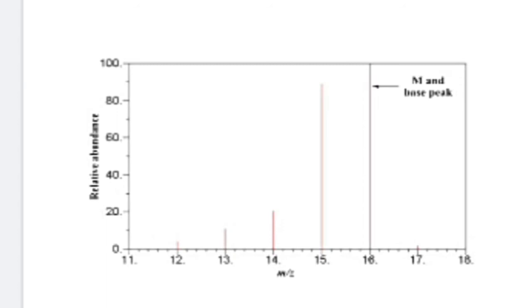The largest peak is the base peak. The parent ion may or may not be a parent ion peak. So in this way, the mass spectrum will look.